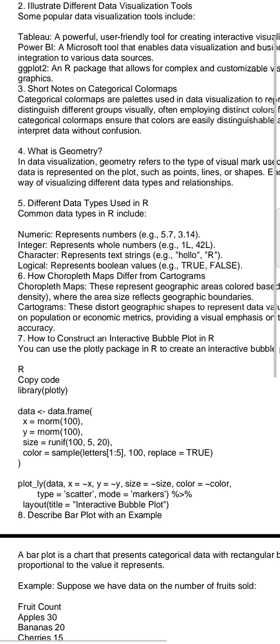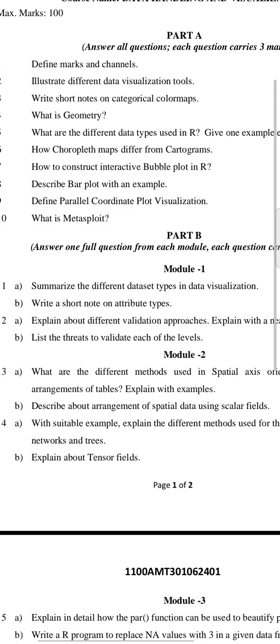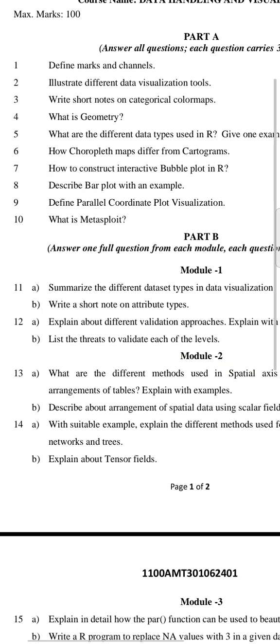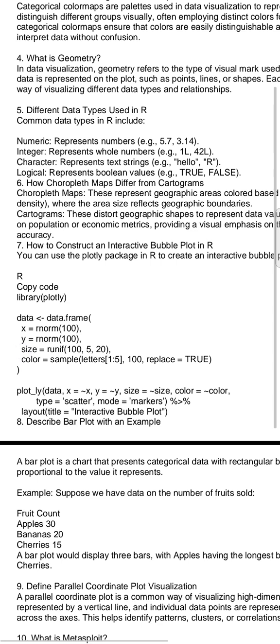Our next question is: what are the different data types used in R? Give one example each. This question is from module 3, R programming, and it is a very important question that we can expect from that module. Common data types in R include numeric, integer, character and logical. Numeric represents numbers, for example 5, 5.7, 3.14.